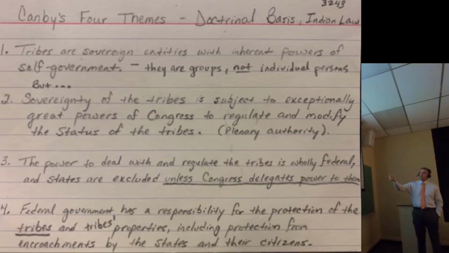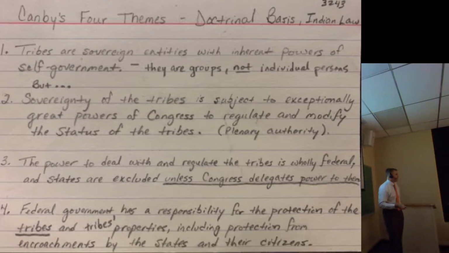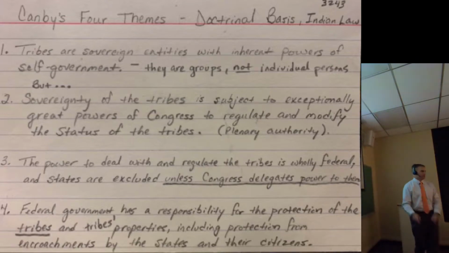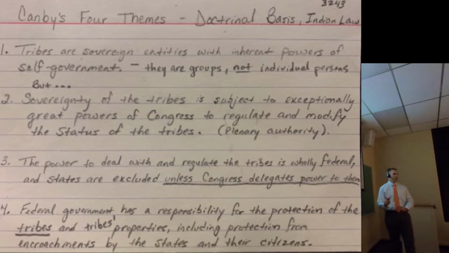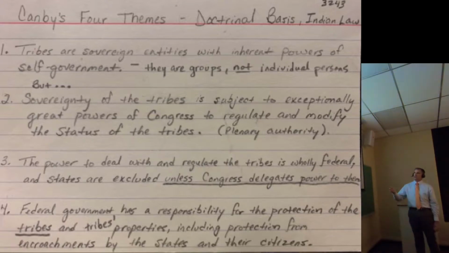But keep in mind that Indian tribes are a group and not individual persons. I've said that before. There's a reason I keep saying that. Okay? The United States government deals with Indian tribes as governments, not as individuals. The United States government does not deal with individual native peoples on a government to individual basis. It only deals with governments to governments, government to government relationships.